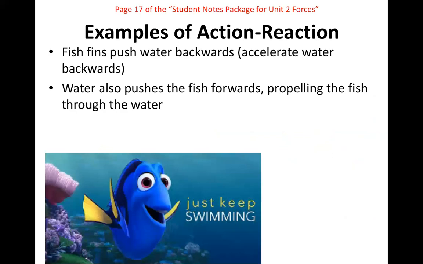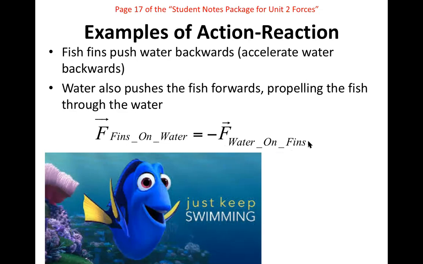There are 3 examples of action-reaction pairs. Fish fins push water backwards, and the water pushes the fish forwards. So this is an action-reaction pair. The force of the fins on the water could be considered the action. The force of the water forwards on the fins could be considered the reaction.